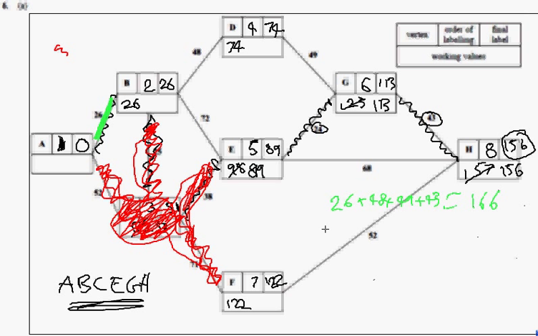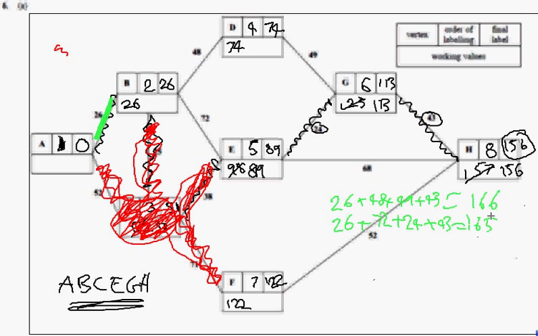Okay, then we could try 26 plus 72 plus 24 plus 43. 26 plus 72 plus 24 plus 43, that's 165, so an improvement.